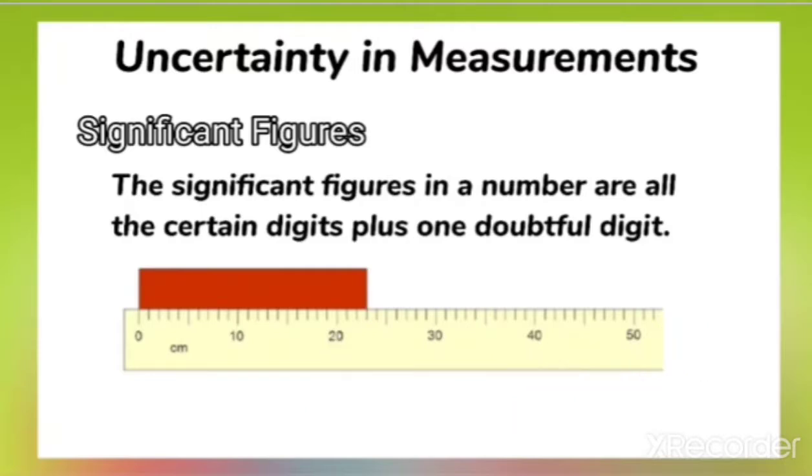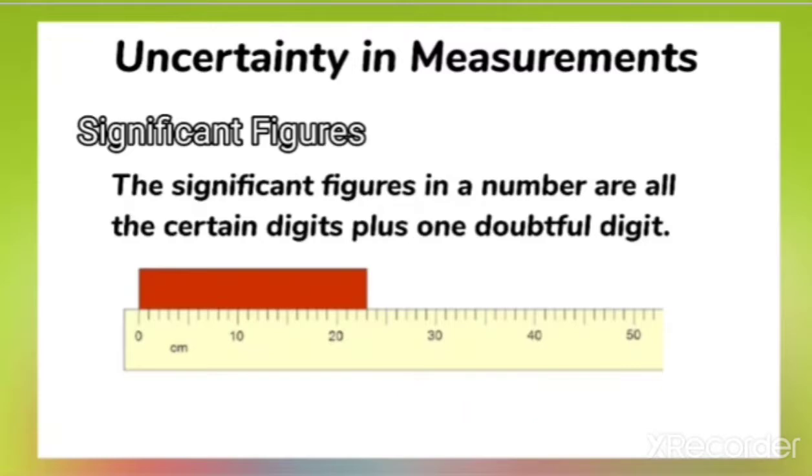But if it is slightly more than 23 and less than 24, it means that it lies between 23 and 24 centimeter. So with this scale, we cannot have a correct reading in the first place of decimal.